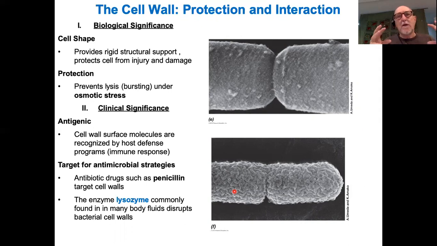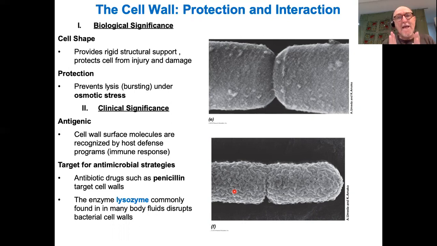Instead, the cell wall does confer shape to the bacterial cell. That is true. And the cell wall, by the way, is not static. It's continually broken down and rebuilt as the cell grows, and then as it divides, etc. The cell wall is also restructured all the time. But it does produce a rigid structure which provides shape, and certainly will provide some protection from injury and from damage, maybe from predation.